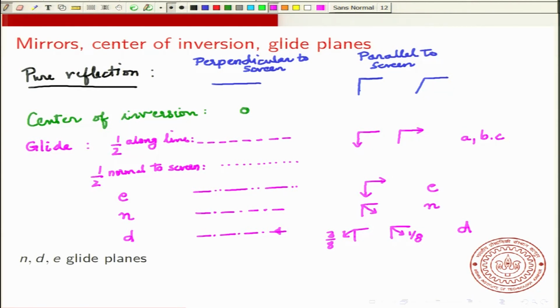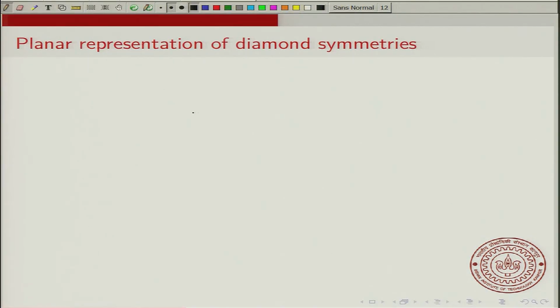When you show it in the plane, this is what it will look like. So, these are the general ways in which all the symmetry elements are represented in various planar representations.